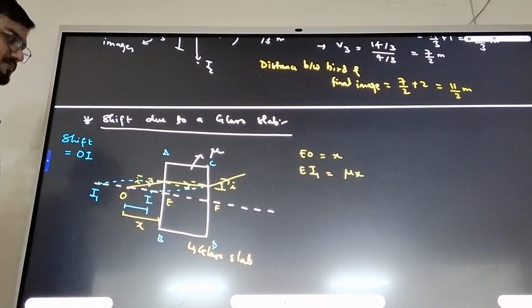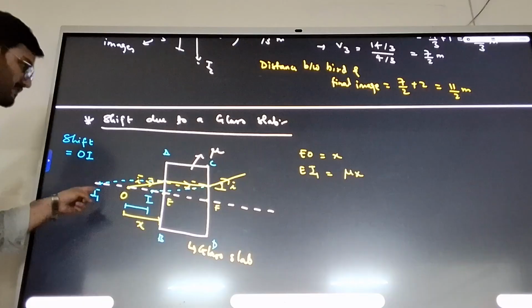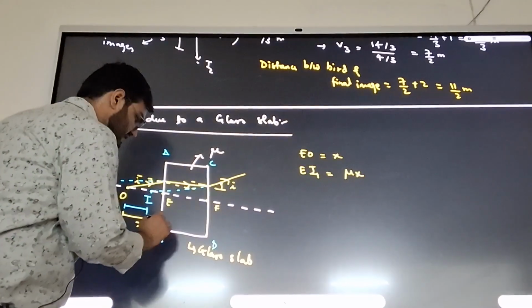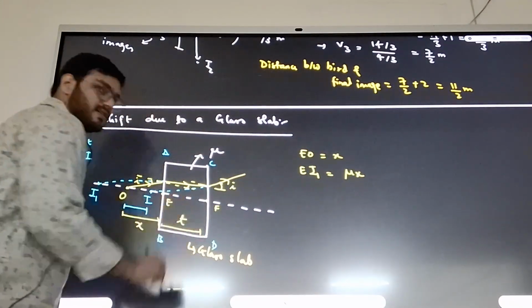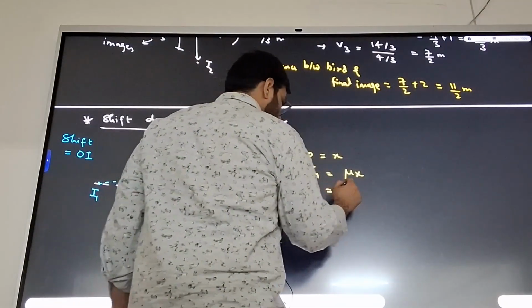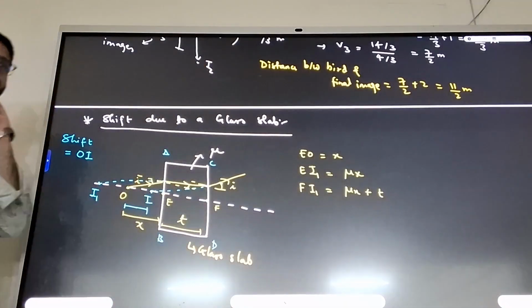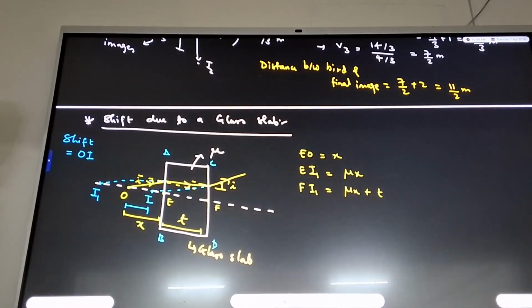Yes or no? Then if I consider FI1, let's say the thickness of the slab is given to be T, then what will be FI1? That will be mu x plus T. Do you have any problems here?